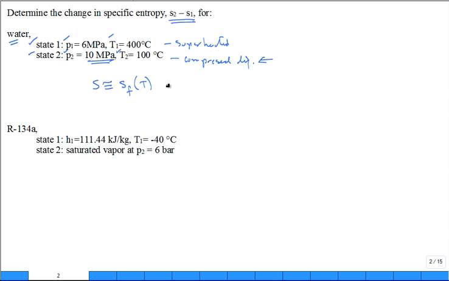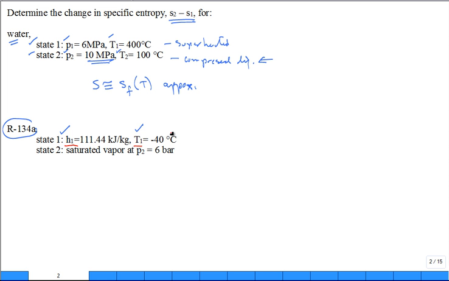That's an approximation. For this problem, you wouldn't need to use that approximation because you have the compressed liquid table. Go to refrigerant. They have enthalpy and temperature. It's a little bit of a challenge for students, but enthalpy and temperature, could you find entropy at state 1?